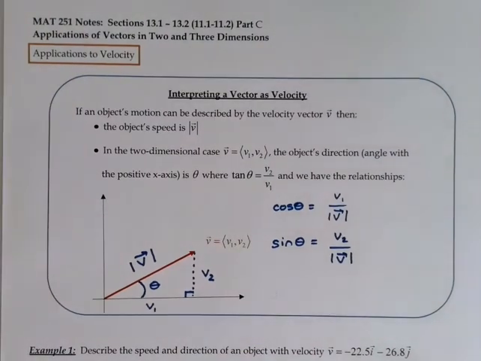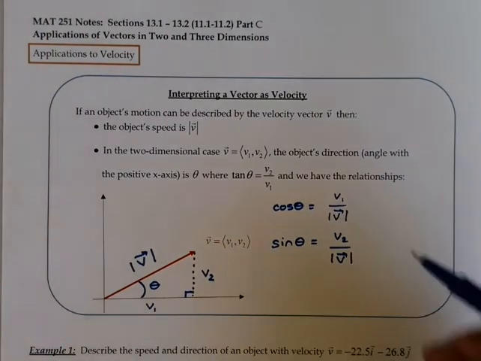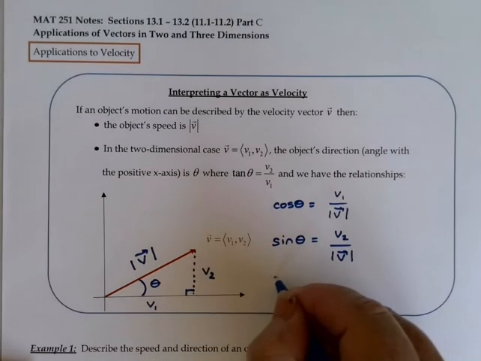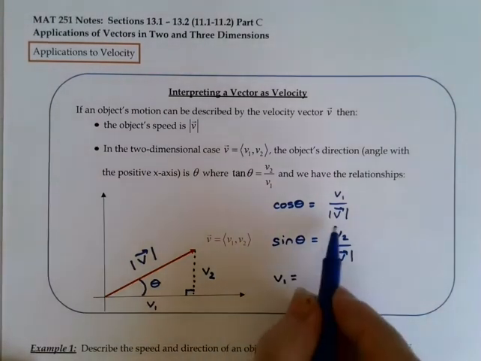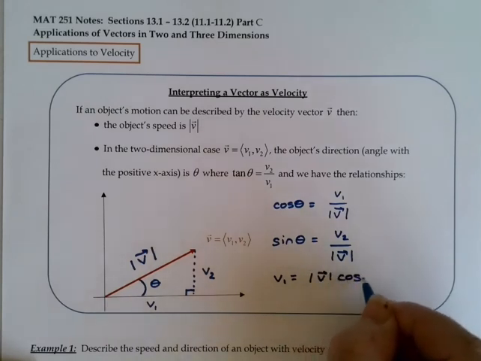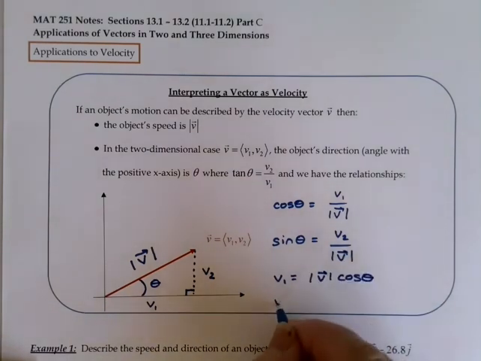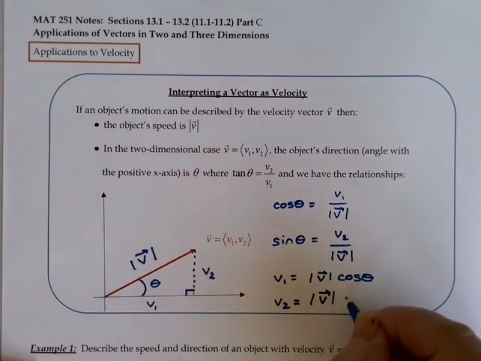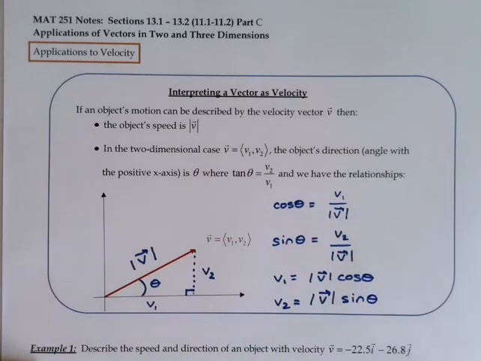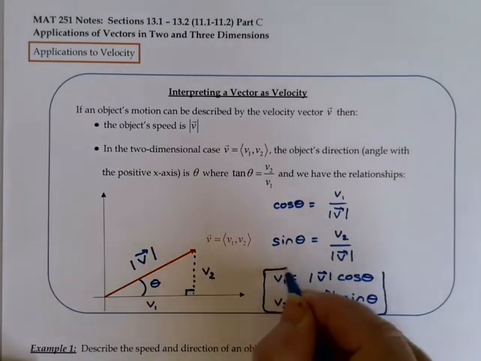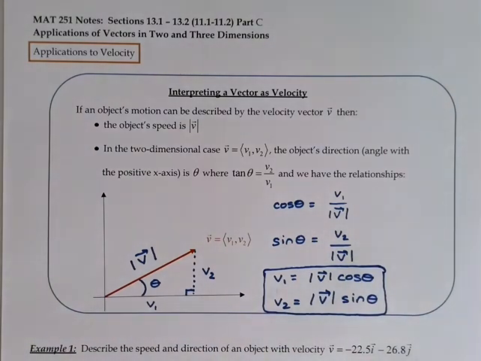And if we take these two equations and solve them for v1 and v2 respectively, we get some really useful relationships. v1 would be the magnitude of v times the cosine of theta, and v2 would be the magnitude of v times the sine of theta. Those are relationships that we'll use quite a bit to build velocity vectors, so they're ones that are worth knowing.